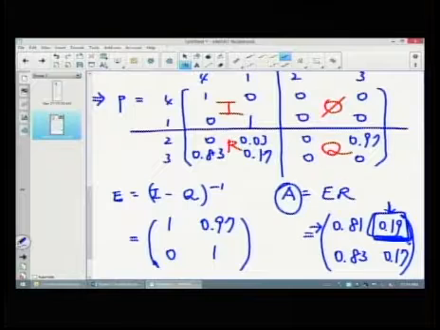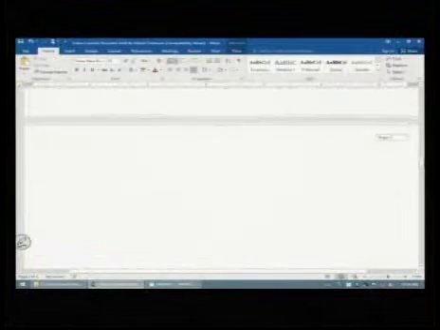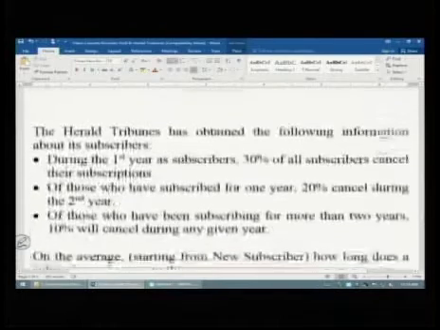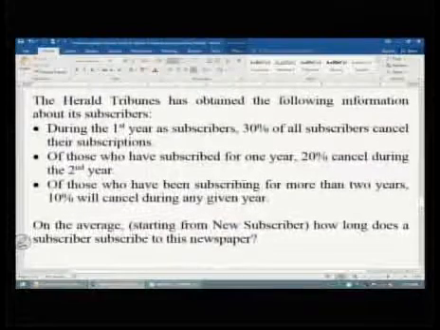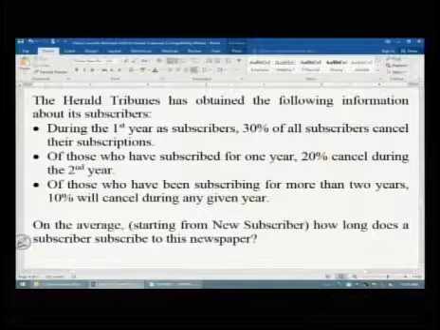Let me give you another example. And this example is also very similar to what we've done. Now let me give you a couple of minutes.